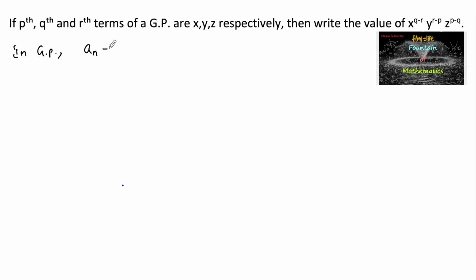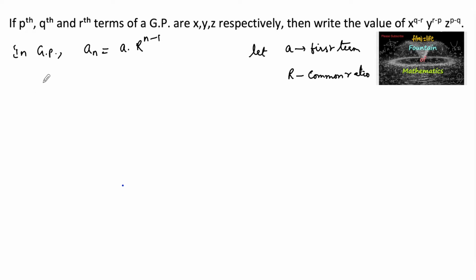general term an is equal to a into r to the power n minus 1. Let us consider a as the first term and capital R as the common ratio. So we can write a into R to the power n minus 1 is the general term.